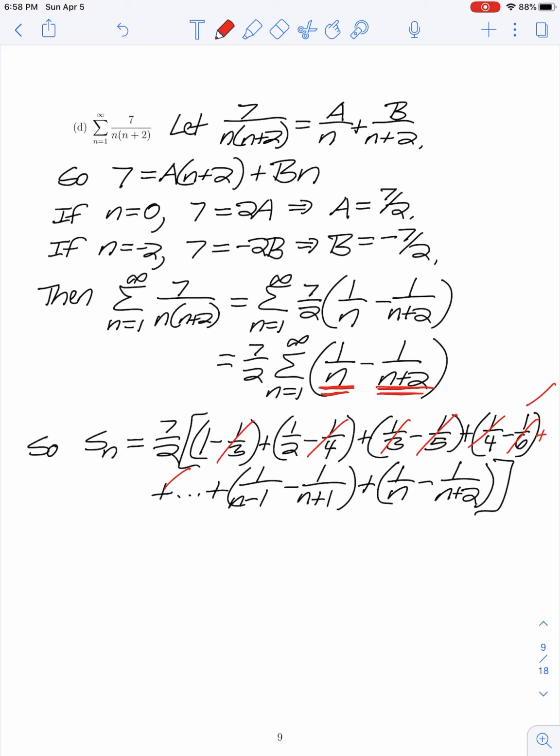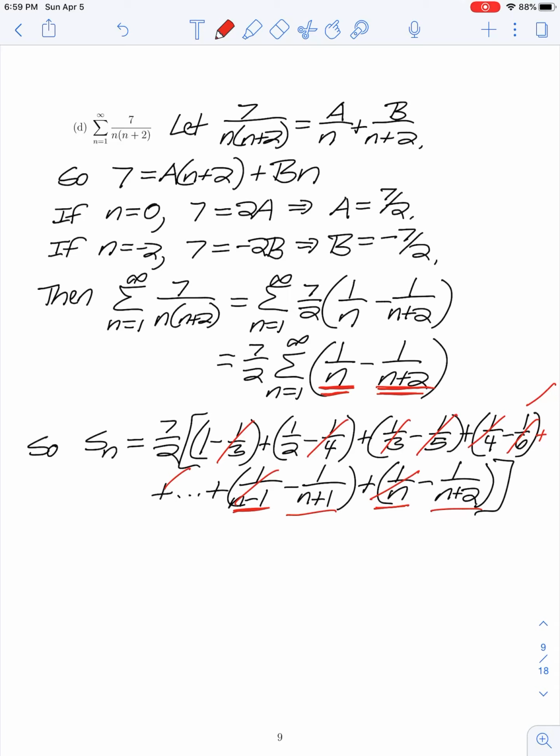And in my last few terms here, everything will be canceled except for the last 2 terms, 1 over n plus 1 and 1 over n plus 2. All of the other terms, this 1 over n minus 1 and 1 over n, will cancel with the terms that appear earlier in that nth partial sum.